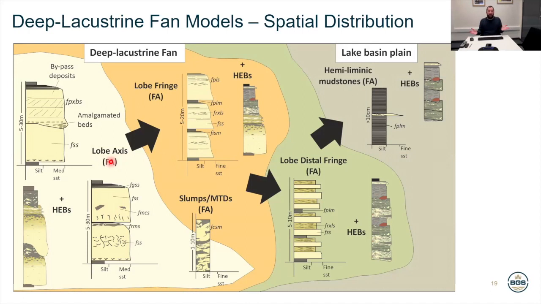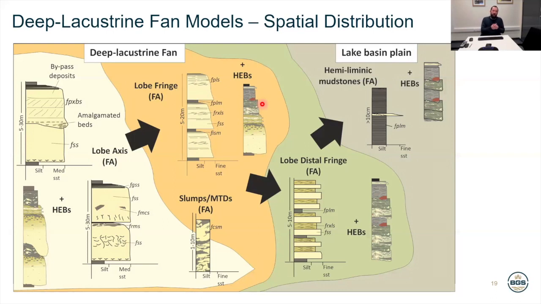When you step away from that into the lobe fringes, I think you start to lose some of the sand component of the H1, but at that point, that's where you start to see this division of the H3 unit into A, B, and C.